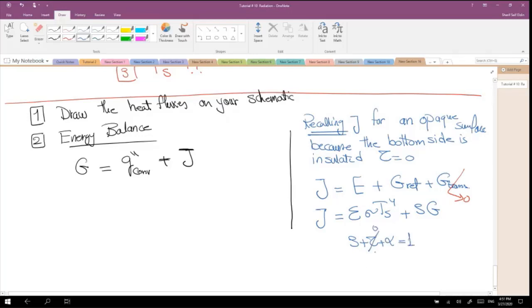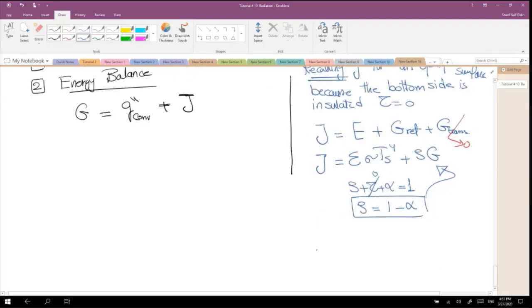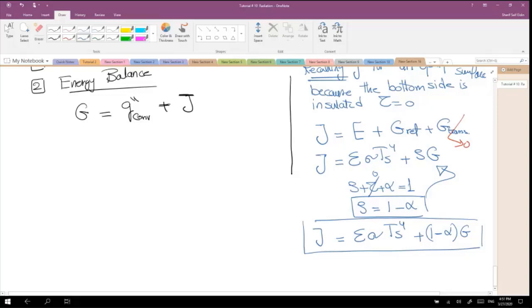This is 0. Then rho is basically 1 minus alpha. So let's put this here because we don't know rho, we just know alpha, right? So J equals epsilon sigma Ts to the power 4 plus 1 minus alpha G.